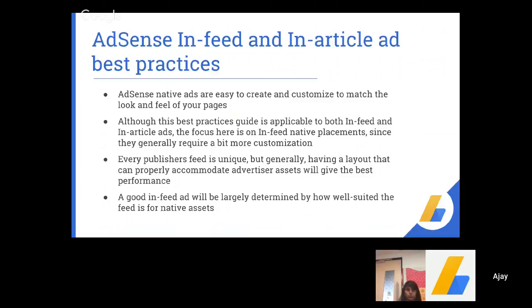So these are some things that you need to keep in mind. Make sure that the customization is completely in your hands, and make the most of the given options that you have. Make sure that it blends in really well, and think about it from an advertiser perspective as to how they would want their ads to appear on the feed.